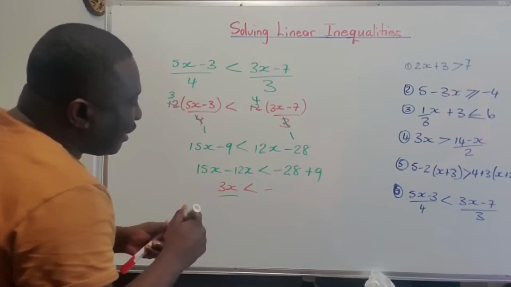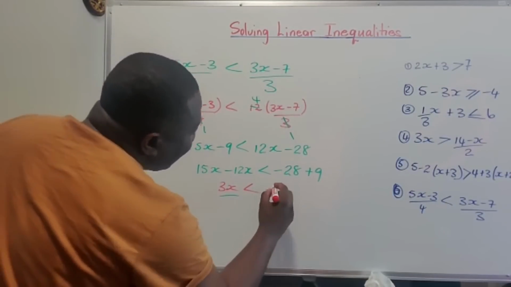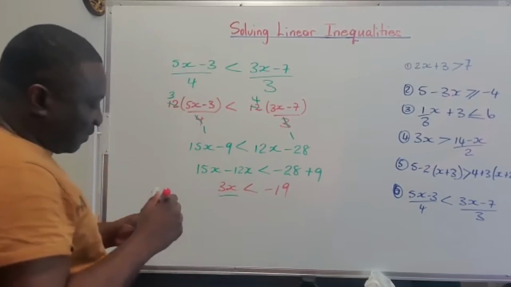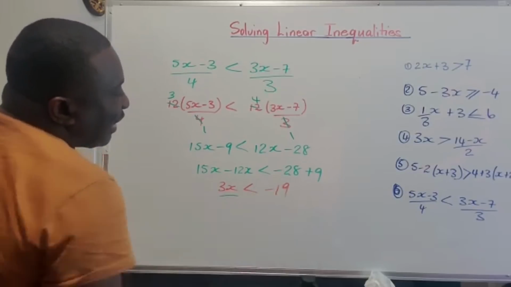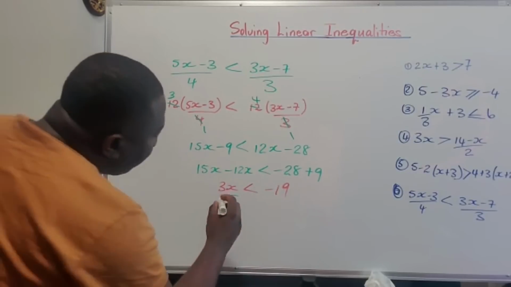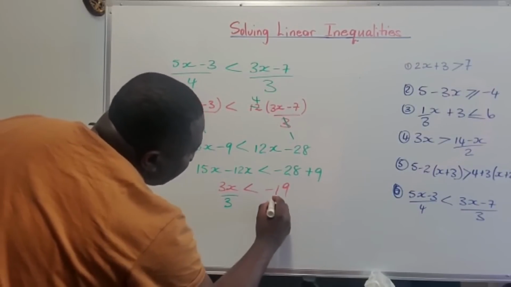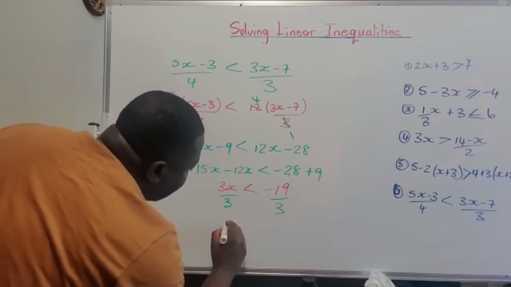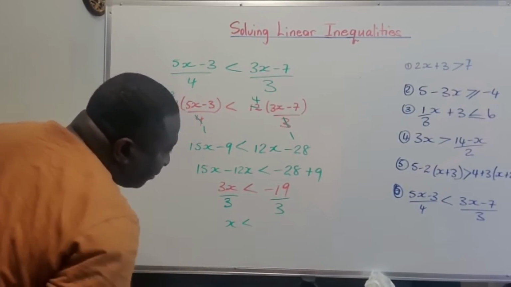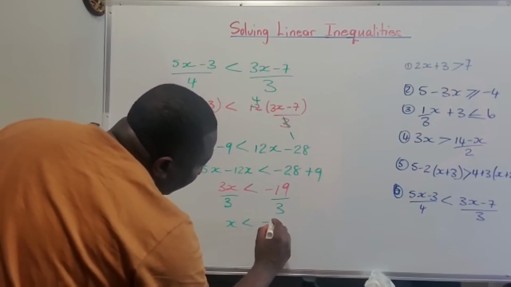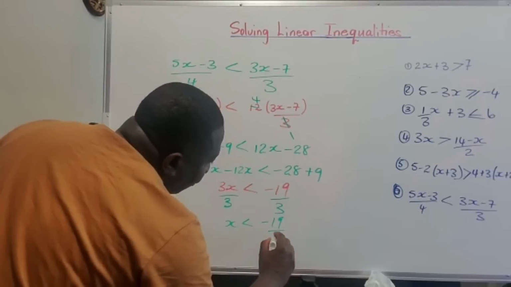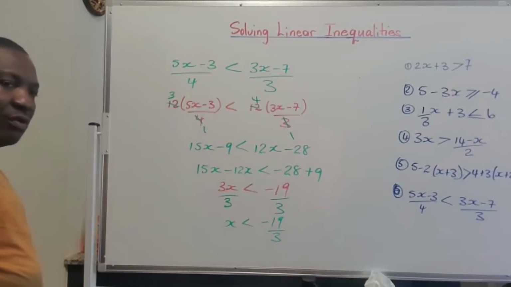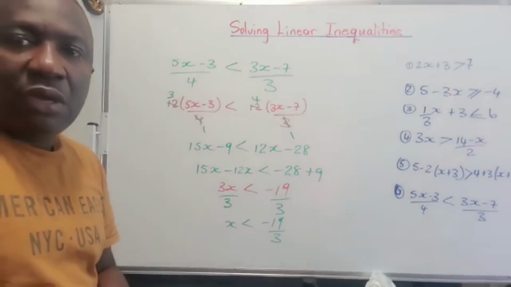Sorry guys, this will give us -19. So 28 take 9 will give us 19. So divide both sides by 3, which means x is less than negative 19 over 3.